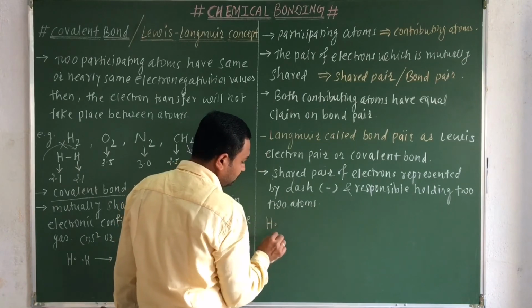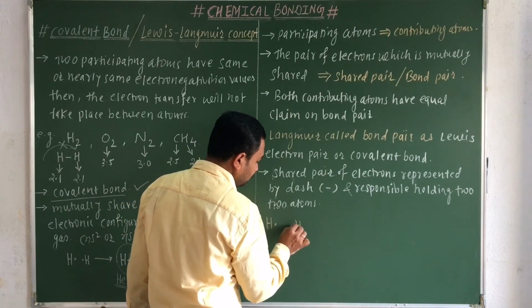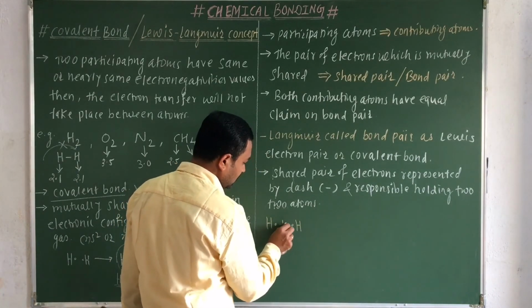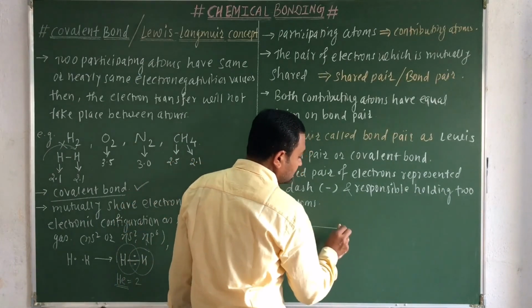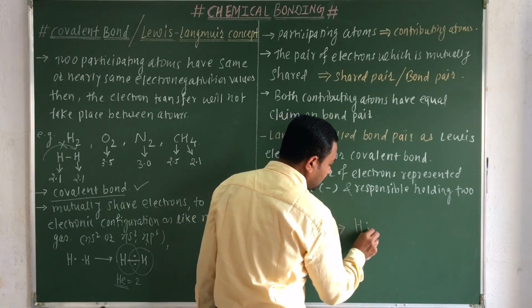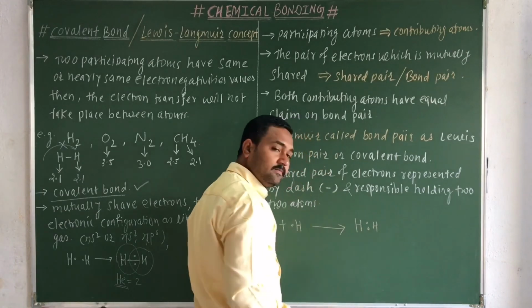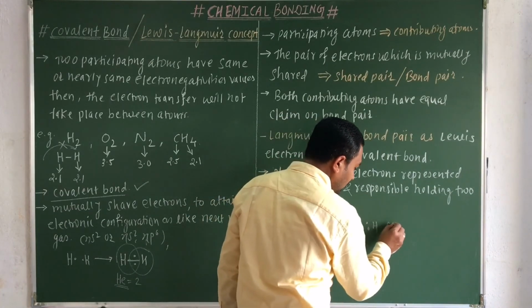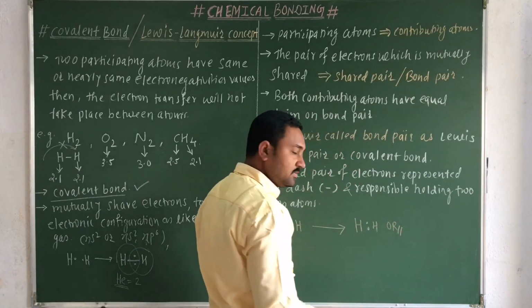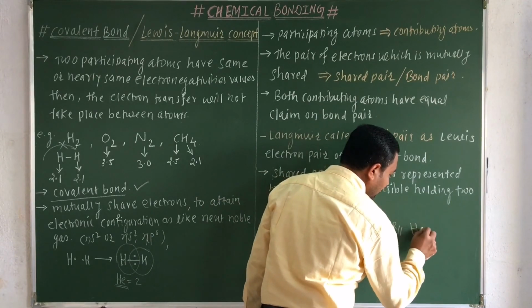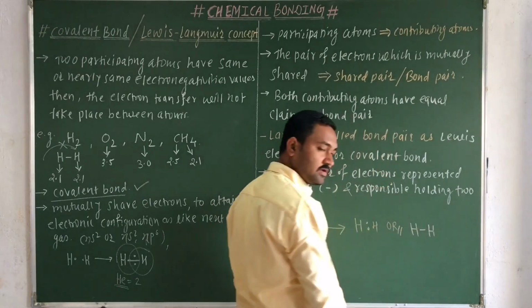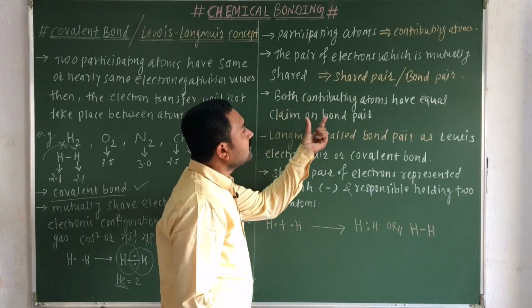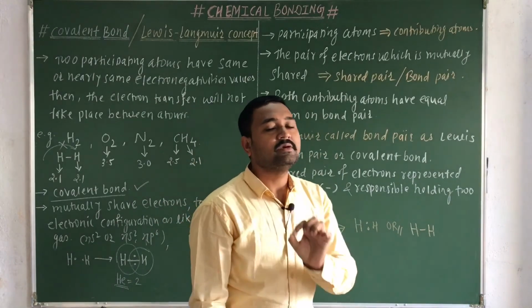One hydrogen atom shares its one electron with the other hydrogen atom, and there the formation of the H2 molecule takes place. You can either represent it in this manner, or generally we represent the covalent bond as a dash. So this is about the Lewis-Langmuir concept.